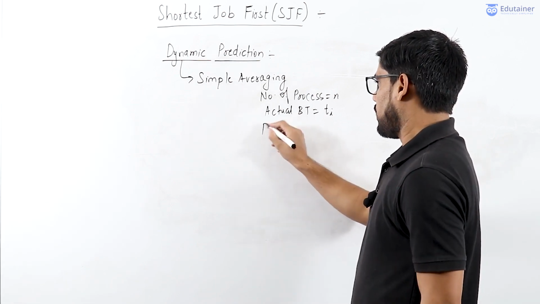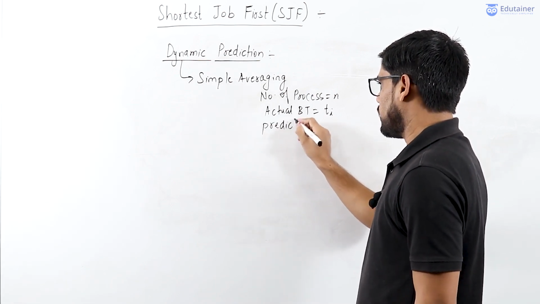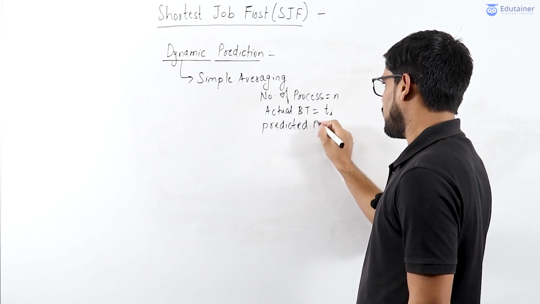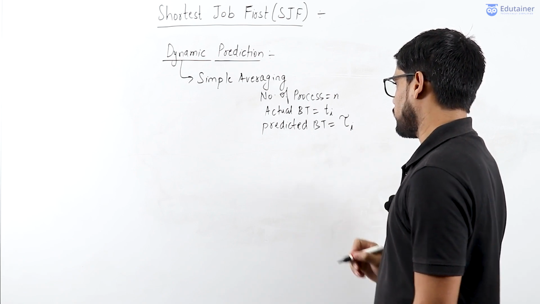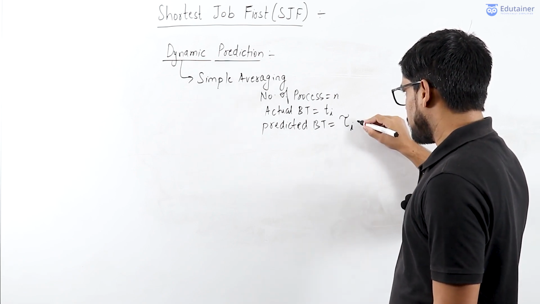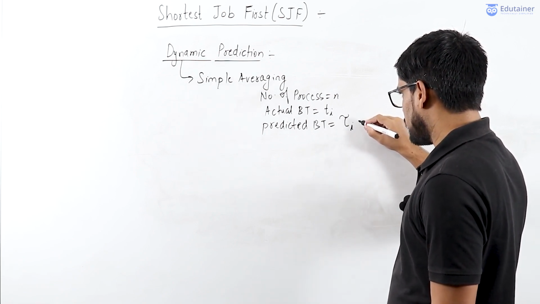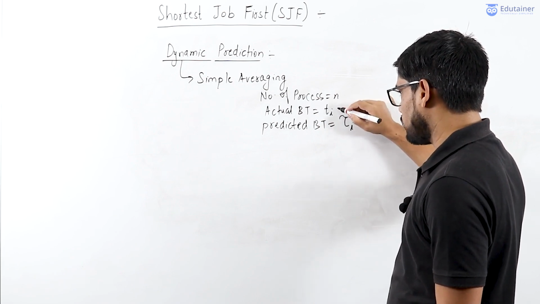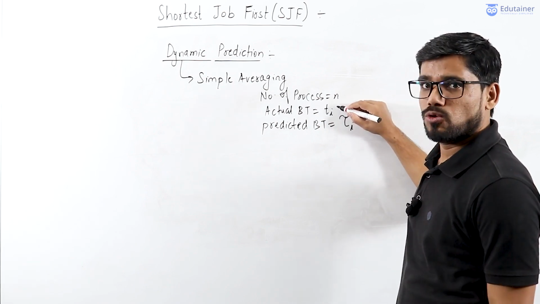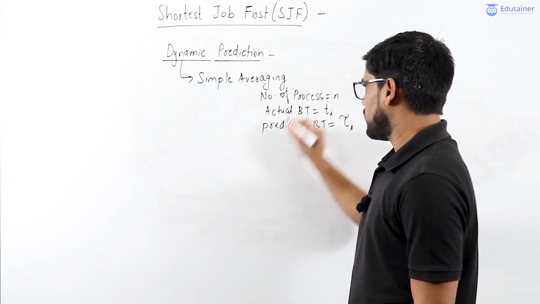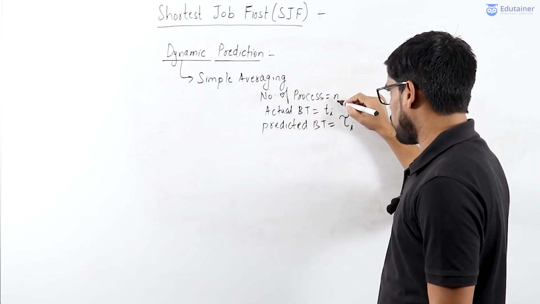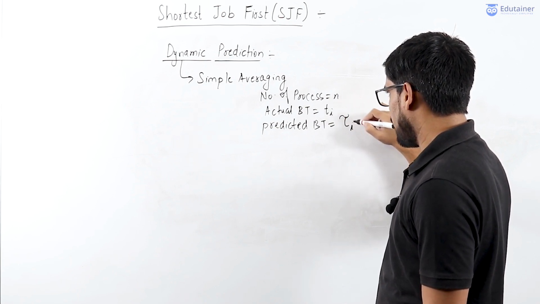Assume that the predicted burst time of a process is tau of i. This burst time is predicted by the user, and the actual time is what a process requires to finish its execution.